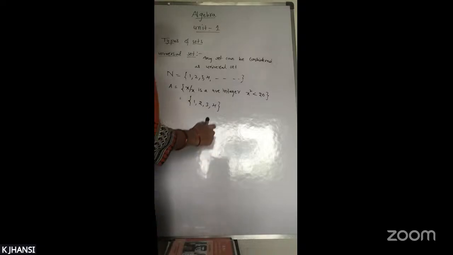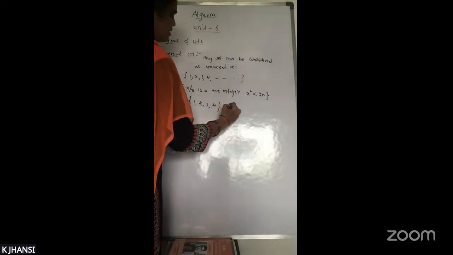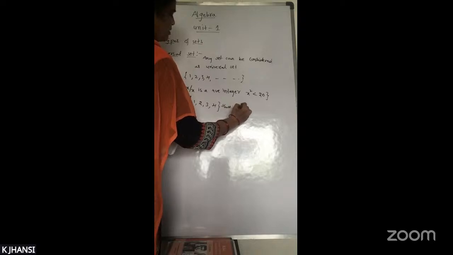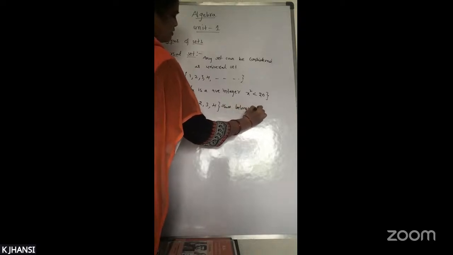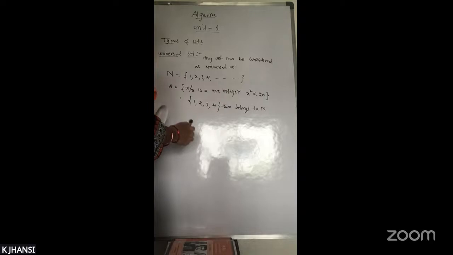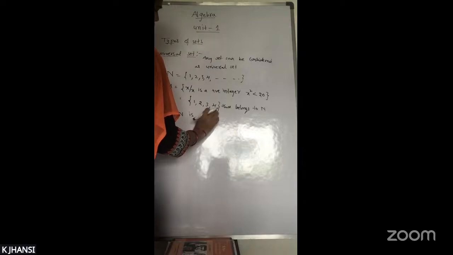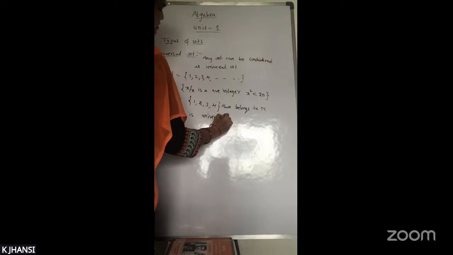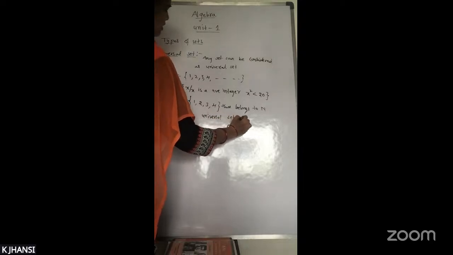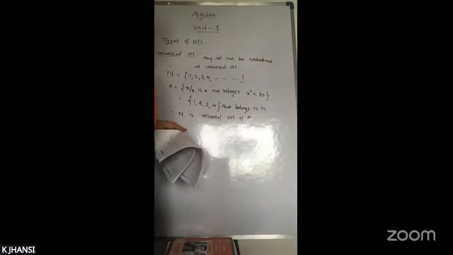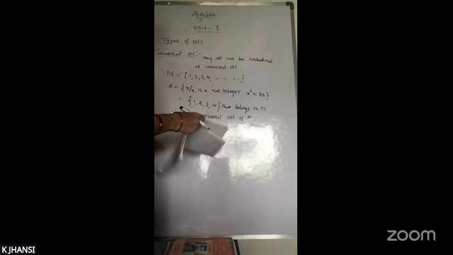Whatever elements we are taking belong to N. Therefore, N is the universal set of A. Okay. So like this we have the universal set concept.